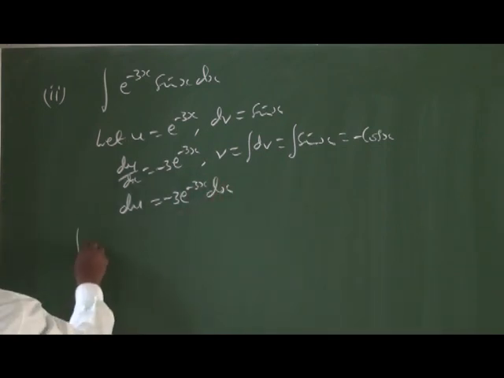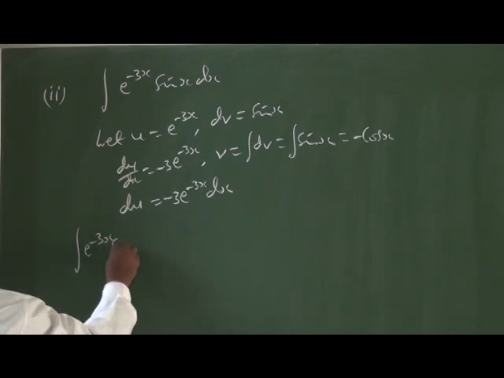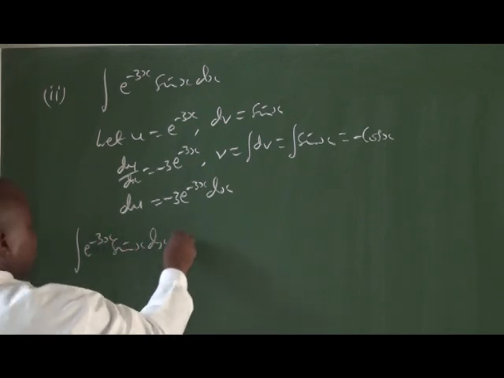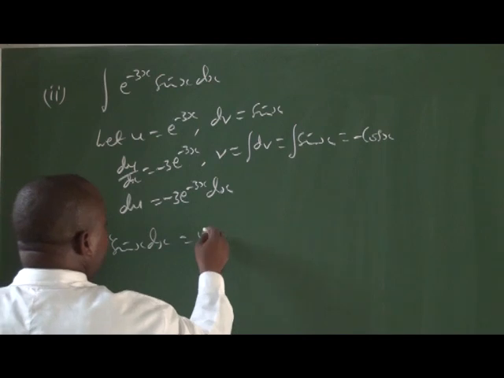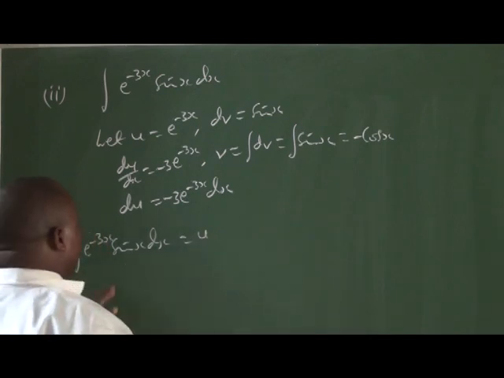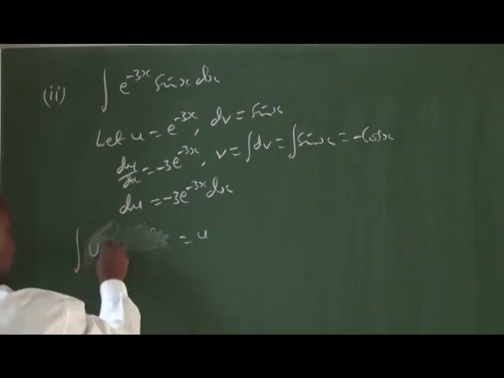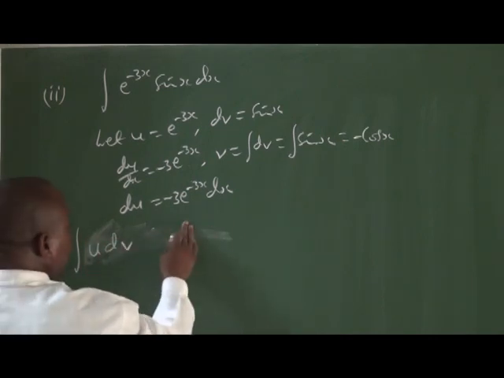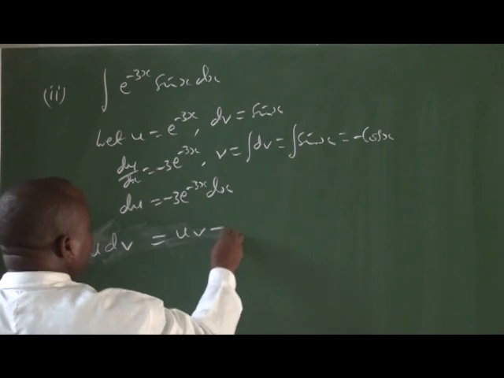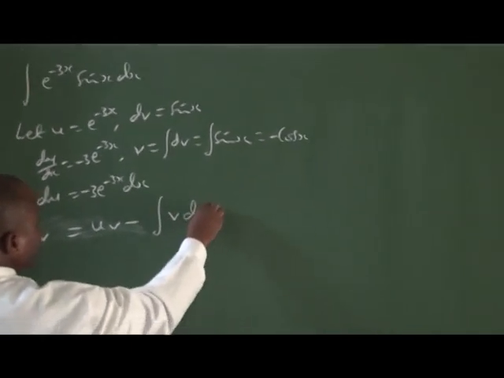Therefore, the integral of exponential minus 3x sine x dx will be equal to uv. Okay, let's recall the formula that integral u dv is equal to uv minus integral v du.